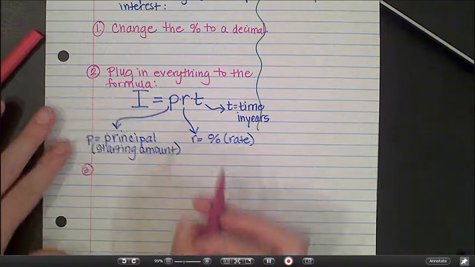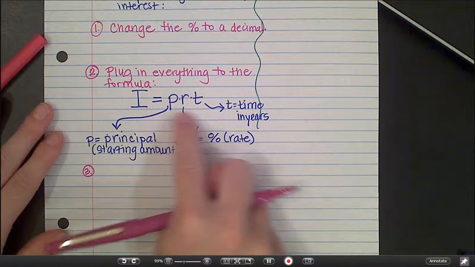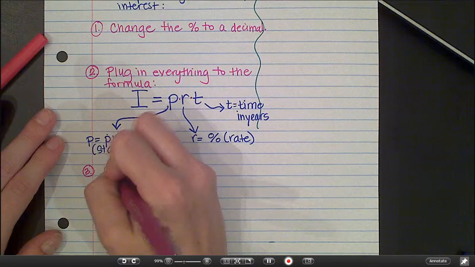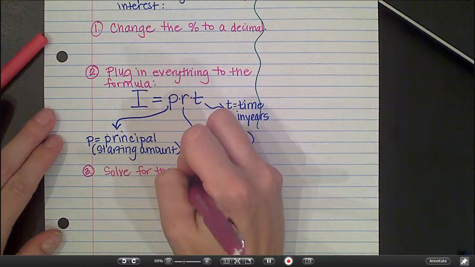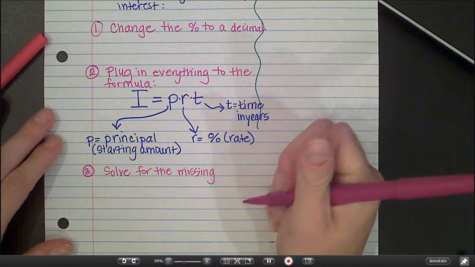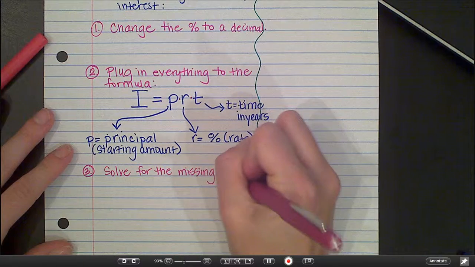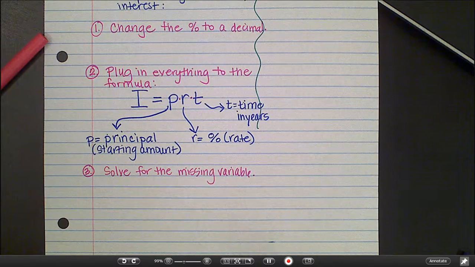And it depends on what you have, but you're going to solve for the missing variable. Because the variable is a letter. Okay. So let's get an example.